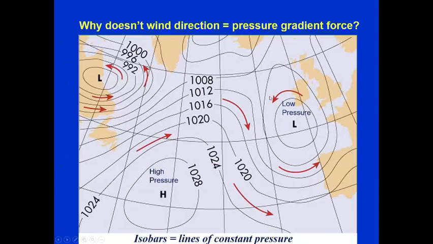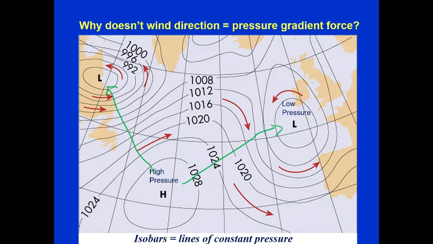Okay. Now let's talk about why on Earth the wind does not follow pressure gradient force. Because knowing nothing, you would just assume, okay, what I'm drawing in green here, that's the pressure gradient force. You would just assume that pressure gradient force would be in the same direction as the wind, and that's not actually true.